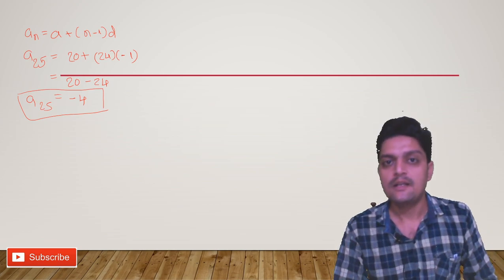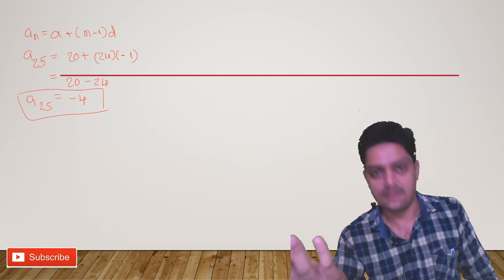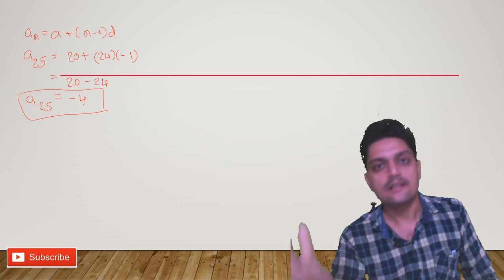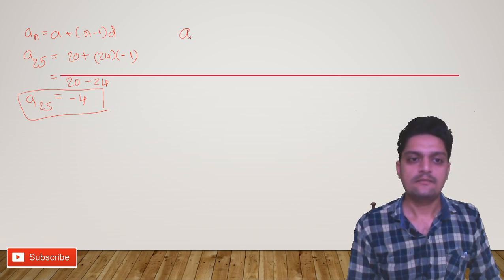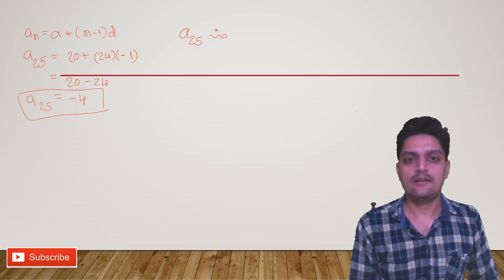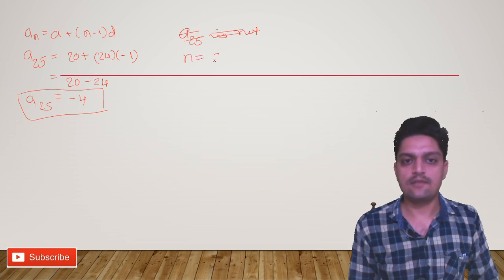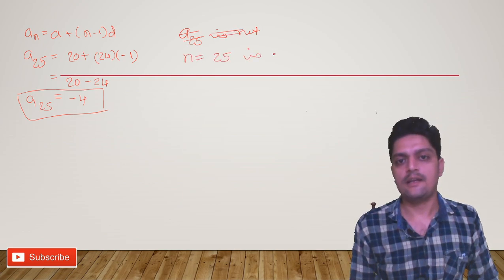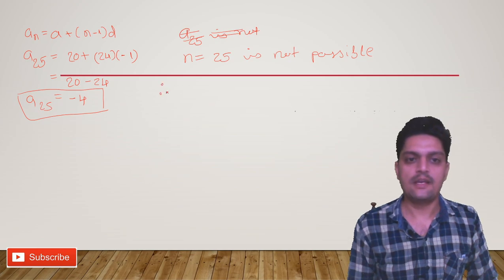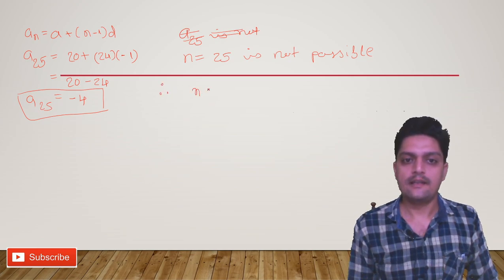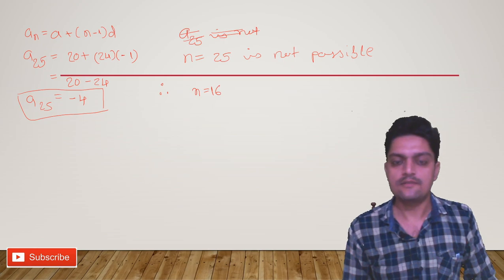Logs are not possible in negative terms. That's a non-practical thing, so we have to write that n is equal to 25 is not possible. So we have to write n is equal to 16.